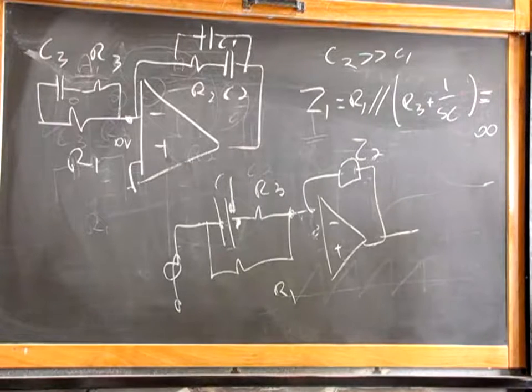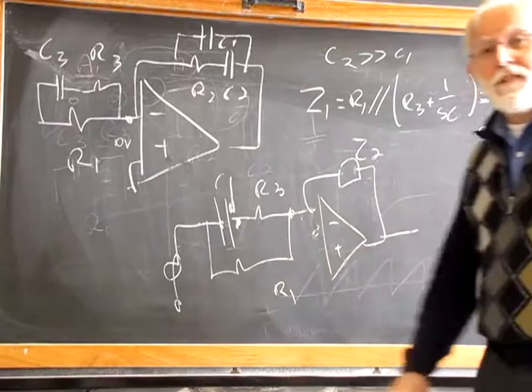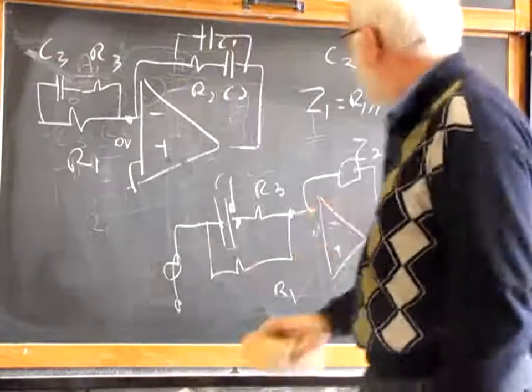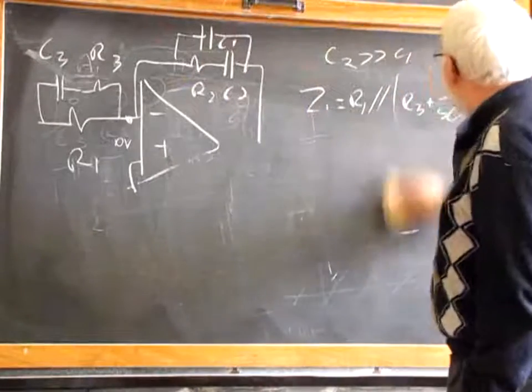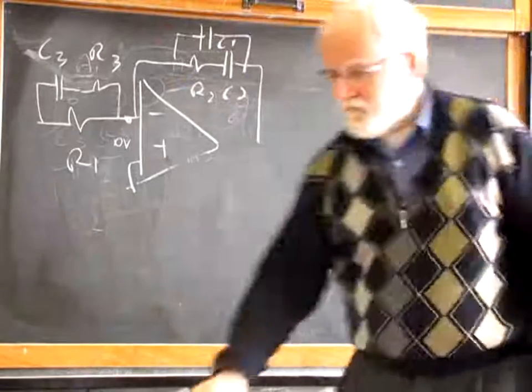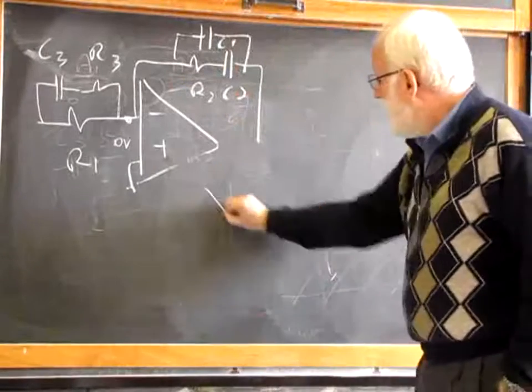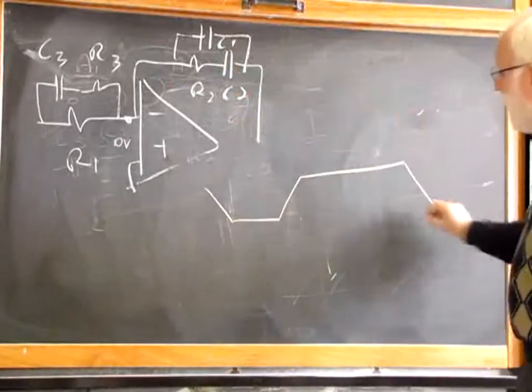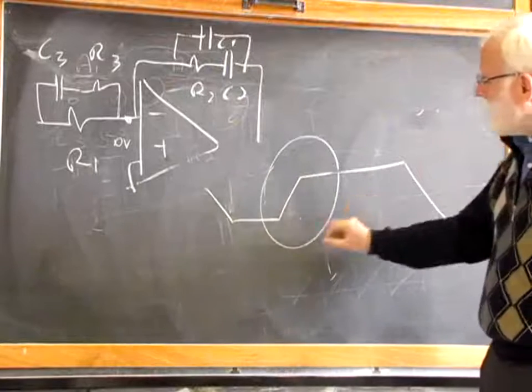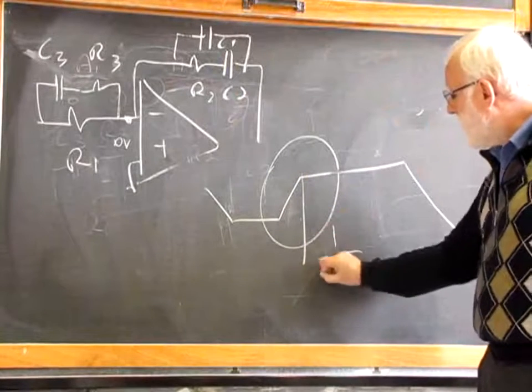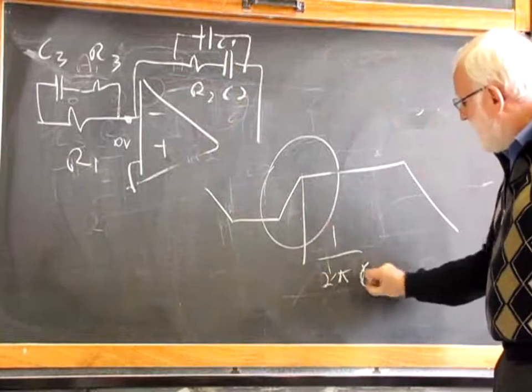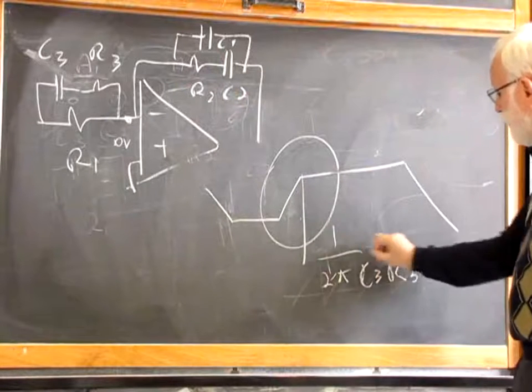Or you can say, okay, I know the transfer function that I get. The transfer function has a pole that is 1 over 2 pi C3 R3.